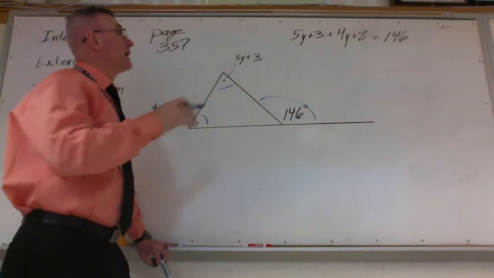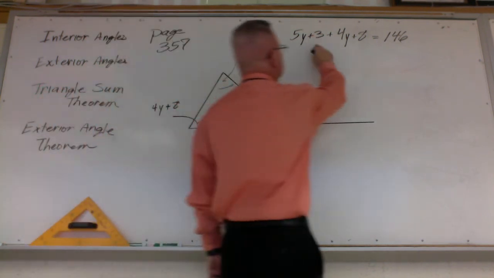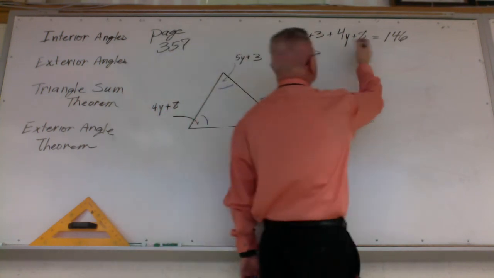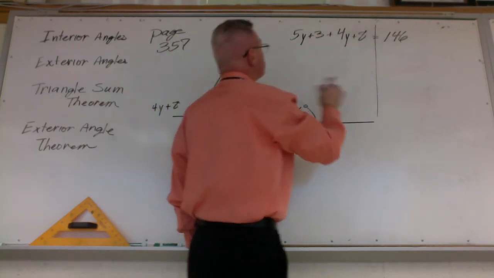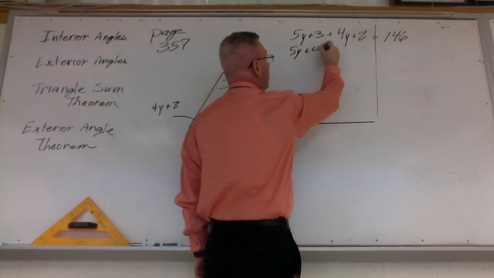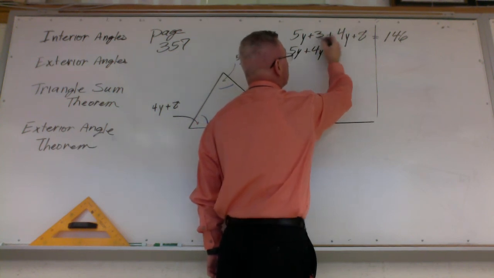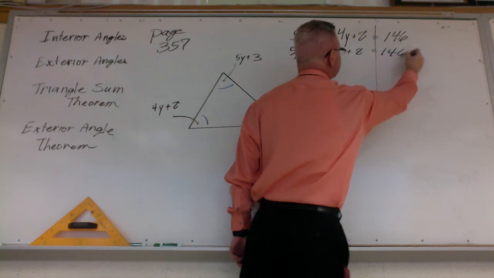Now, I can't do anything until my variables and my constants are together. Right now I have a variable, a constant, a variable, a constant over there. I want that one over there, but I don't want these over here. So I'm going to have to combine everything first. So let's move things around. So this is 5y plus 4y. I'm going to use the commutative property of addition again. Move that over there. Plus 3 plus 8 equals 146.